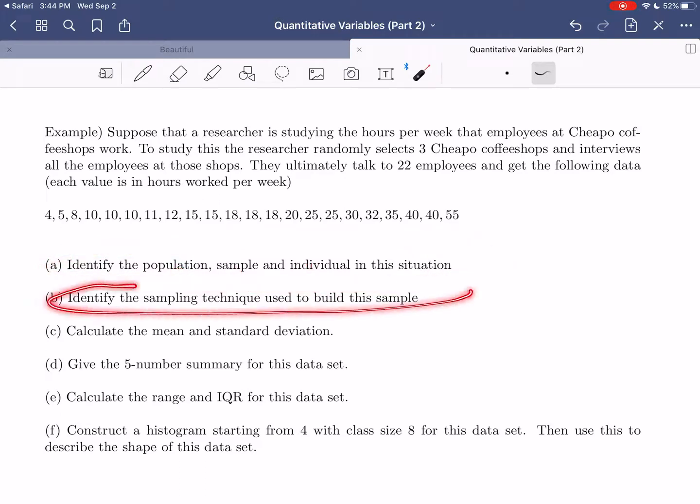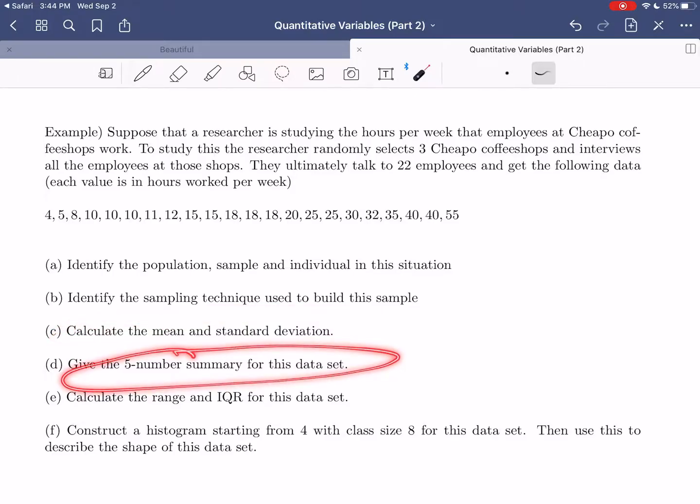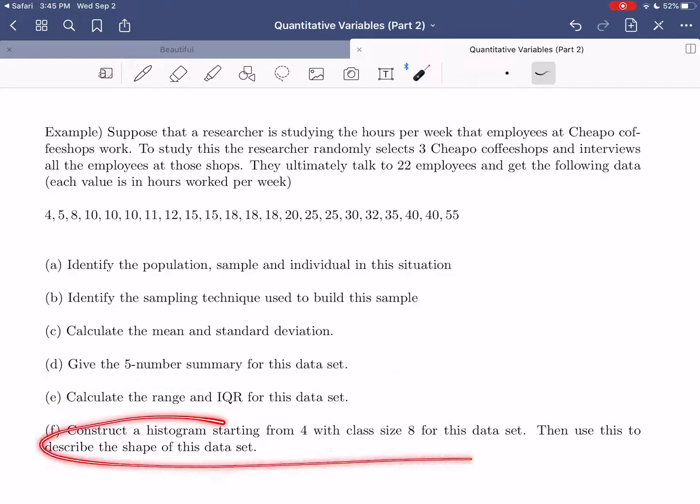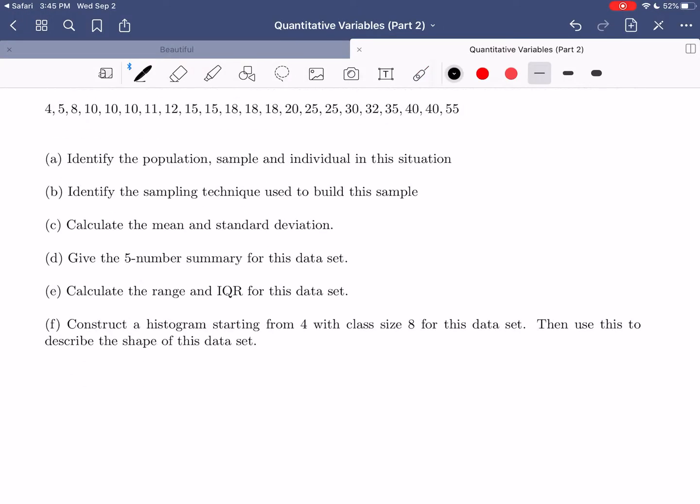We're going to talk about the sampling technique. We're going to calculate the mean and standard deviation. We're going to give the 5-number summary. We're going to calculate the range and IQR. And then in the very last bit, we're going to construct a histogram starting from 4 with class size 8 for this data set, and then use this to describe the shape of the data set. All right, let's get in and talk about each of these pieces.